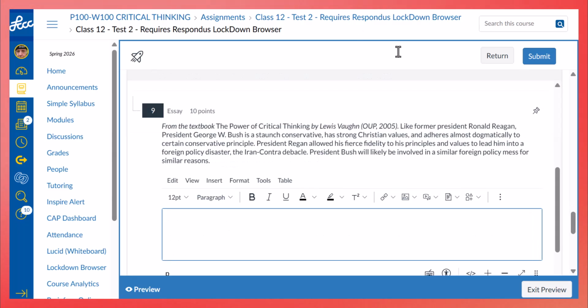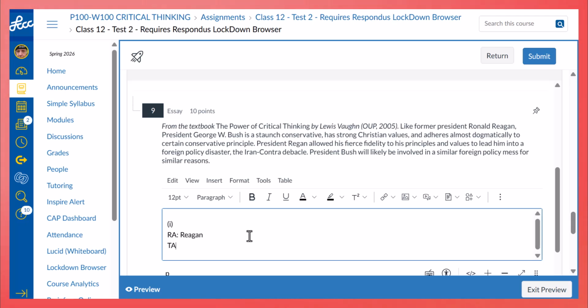All right, next up, a political example. This one's taken from another critical thinking textbook. The comparison here is between Ronald Reagan and George W. Bush. The claim is that because they're similar people, they will both get involved in foreign policy disasters. So, reference analog: Reagan.